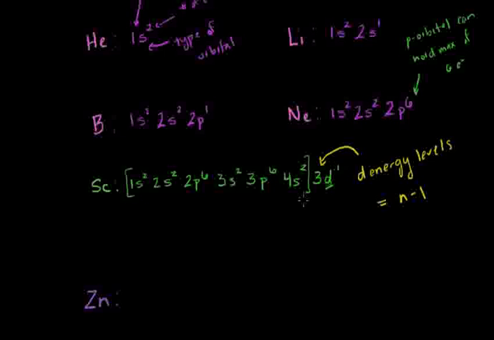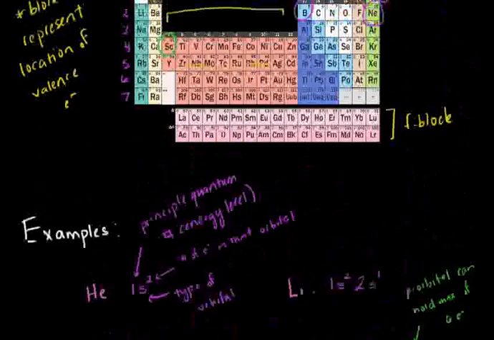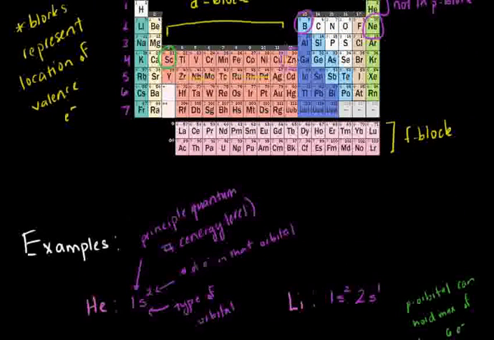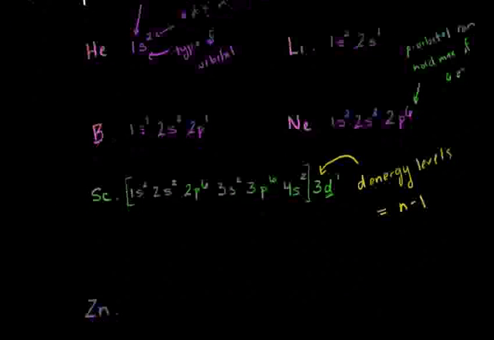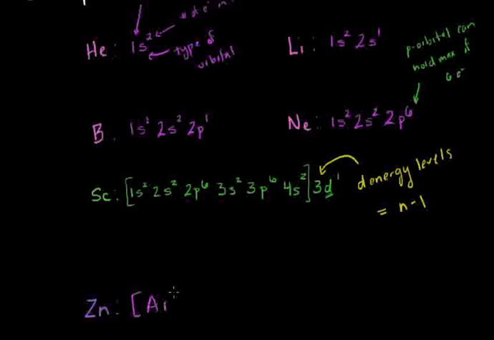Now let's change things up here. Let's take a look at the electron configuration for zinc, but we're going to look at it in a slightly different way. Instead of cumbersomely writing out all of these orbitals, we're just going to say that zinc is over here. It has effectively all the same inner electrons as argon, and so we can represent that by doing something like this. Writing this just represents the complete electron configuration for argon.